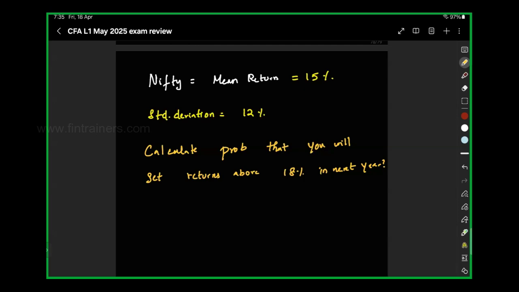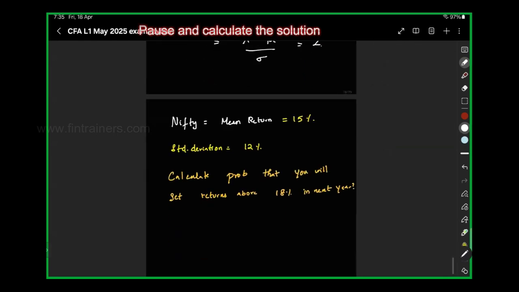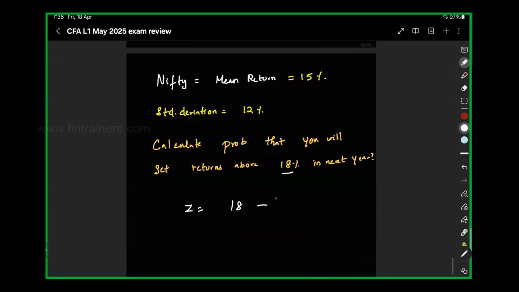So before we get into the Z table, use the formula I just gave, the standard normal distribution transformation. Okay, so with the normalization formula, you have your X value as 18, we said. That's the value that we are looking at to find. And my mean of the distribution, so substituting in x minus mu, that was given as 15, divided by standard deviation of 12, which is 3 by 12, 1/4, which is 0.25.